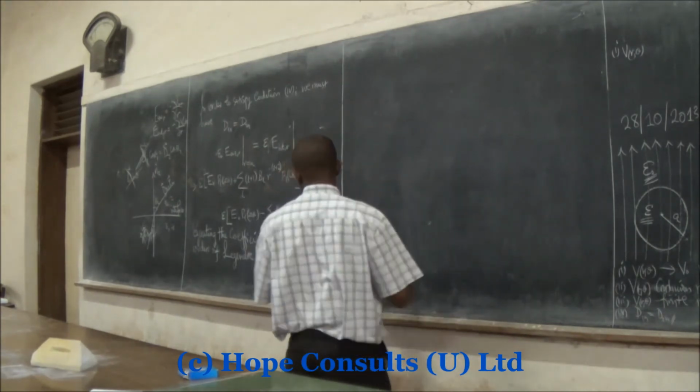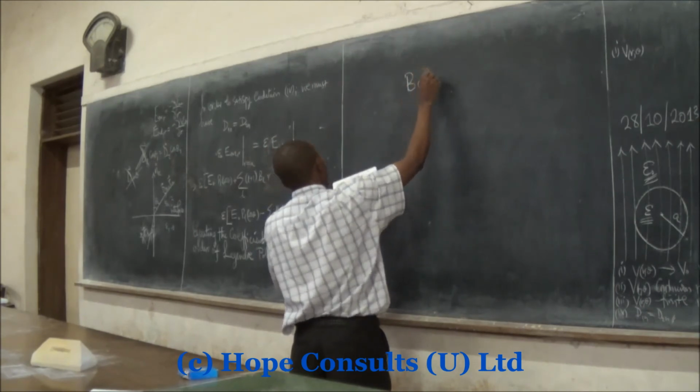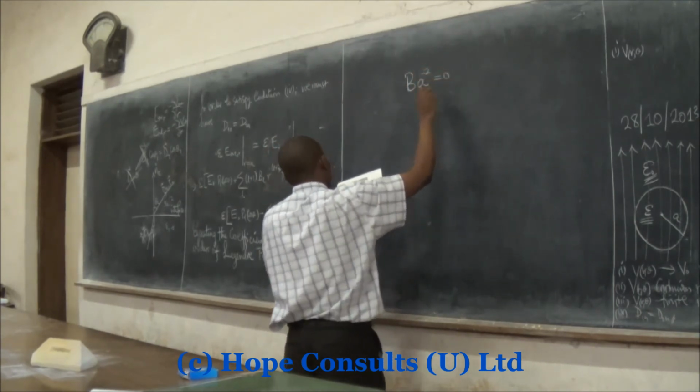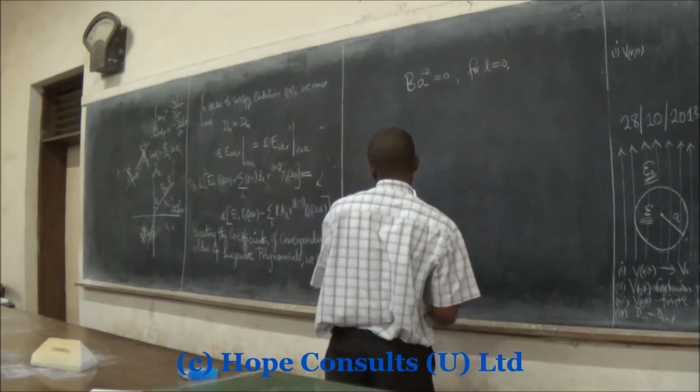So we're able to obtain that B minus A minus 2 is equal to 0 for when we take L equal to 0.